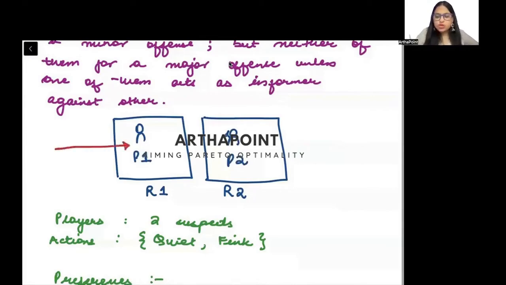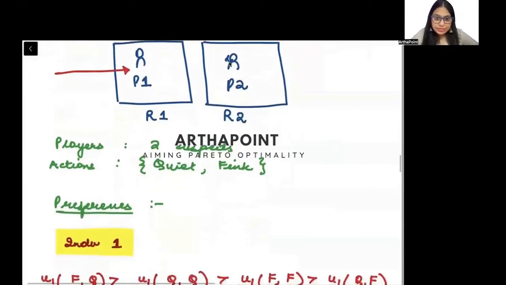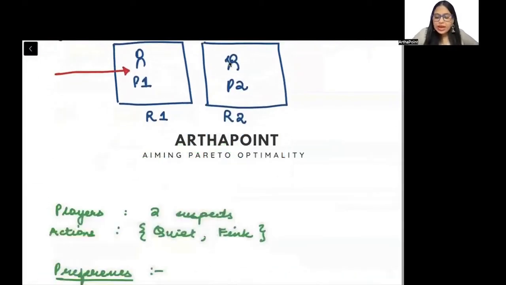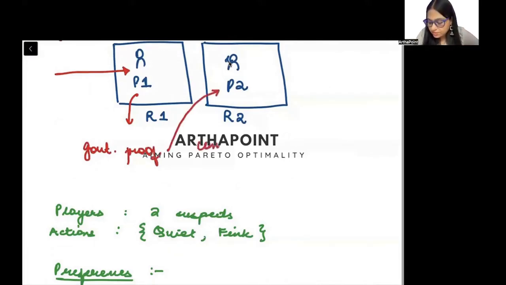मैंने इनसे अलग से पूछना शुरू किया. And I am bribing the prisoner 1. What am I saying? I am saying prisoner 1 that look, if you go ahead and you act like a government proof to me, मतलब आपको क्या करना है ना, that you need to go ahead and you need to tell that you committed the crime.